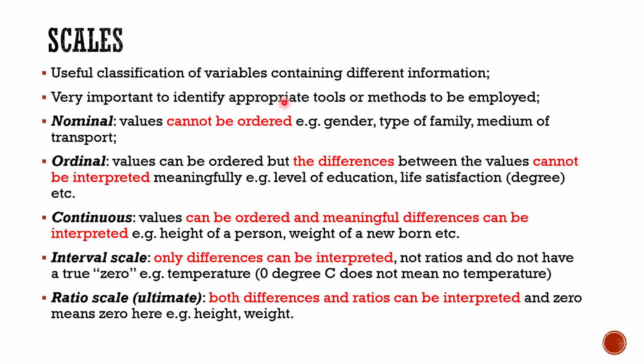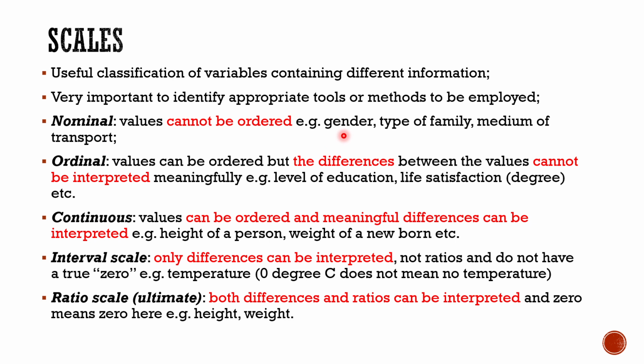It is also very important to identify appropriate tools or methods to be employed. If you don't know which scale your variable is, you cannot apply an appropriate statistical method. So first of all, we'll get to know about the nominal scale. What does it mean? Here the values of a variable cannot be ordered.